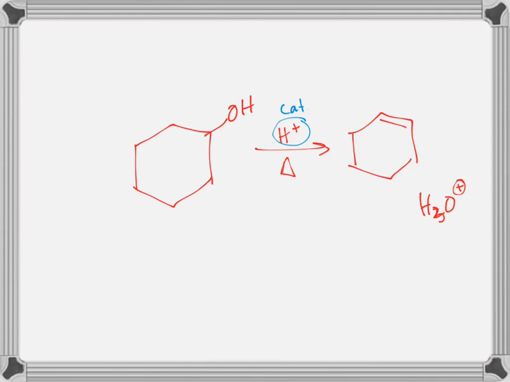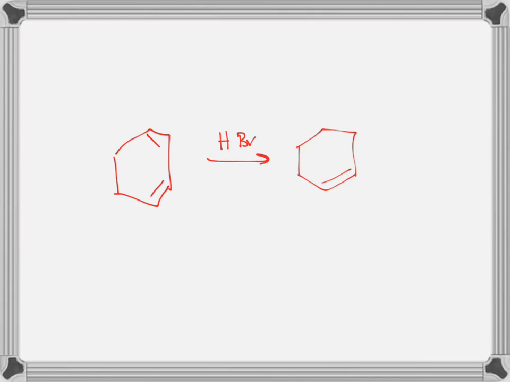Okay. What if we ran a different reaction? Let's say we started with this compound, and we ended with this. What do we expect to see here? How would UV-Vis help us?